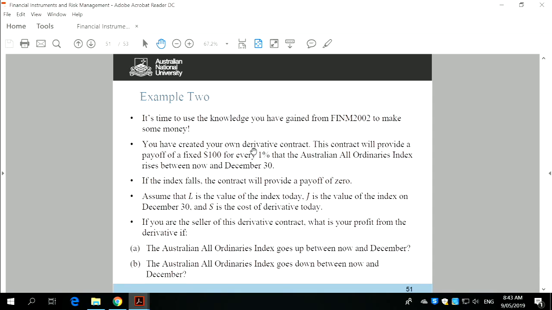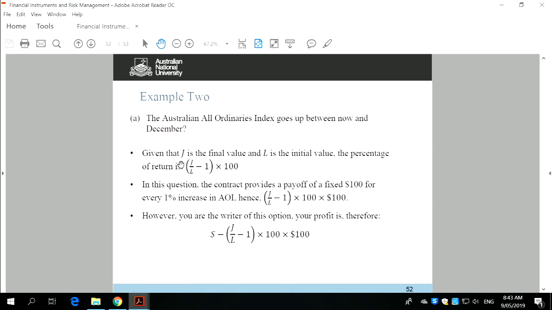Now, we know how to work out the percentage change because we learned the formula for calculating percentage return. So the way you calculate the return is by taking the final price, which is J, divided by the initial price L, subtract 1, and multiply by 100, so that gives you the percentage change in the index value.